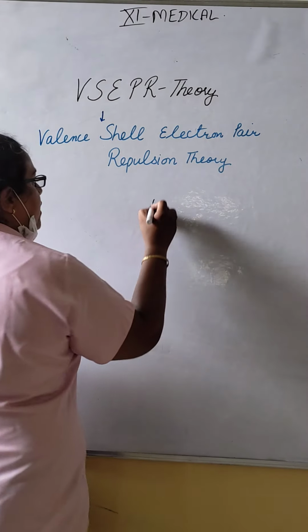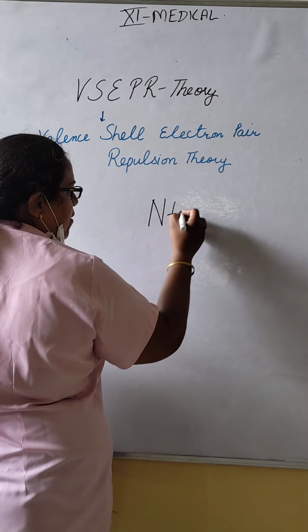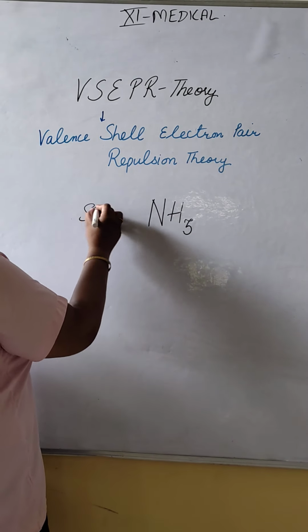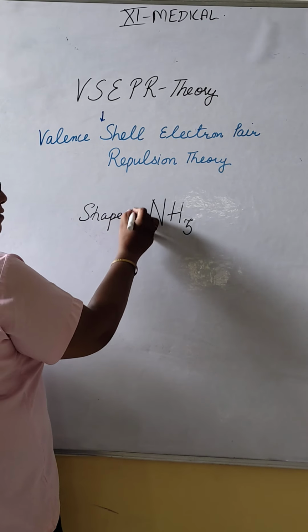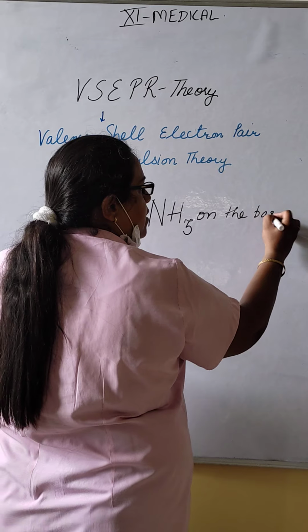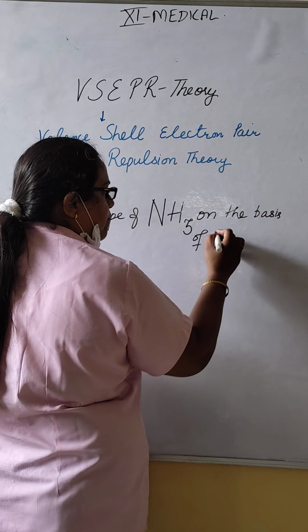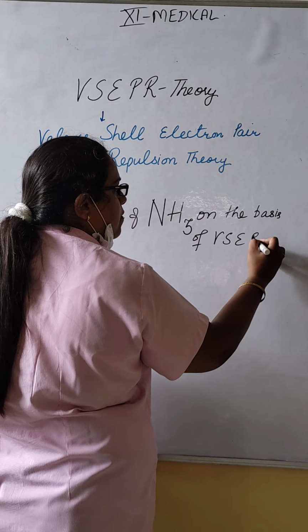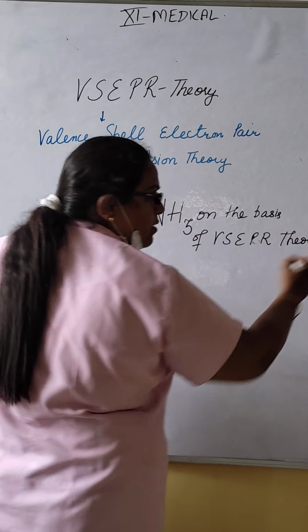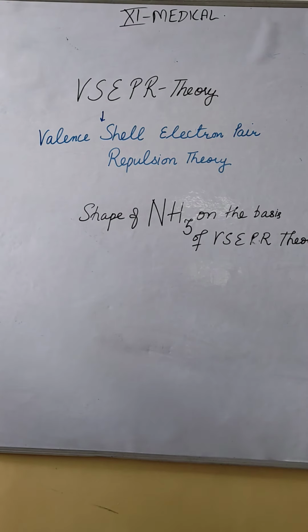Suppose we have to draw the shape of ammonia on the basis of VSEPR theory. What is VSEPR theory? Valence shell electron pair repulsion.